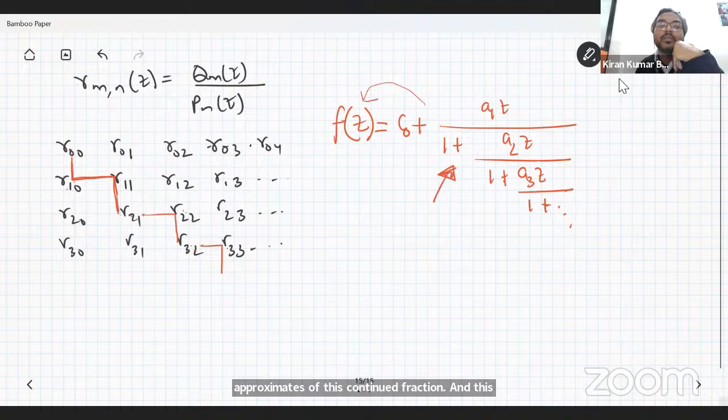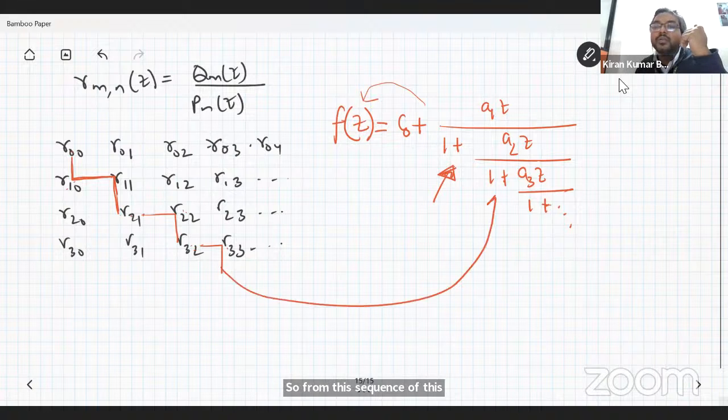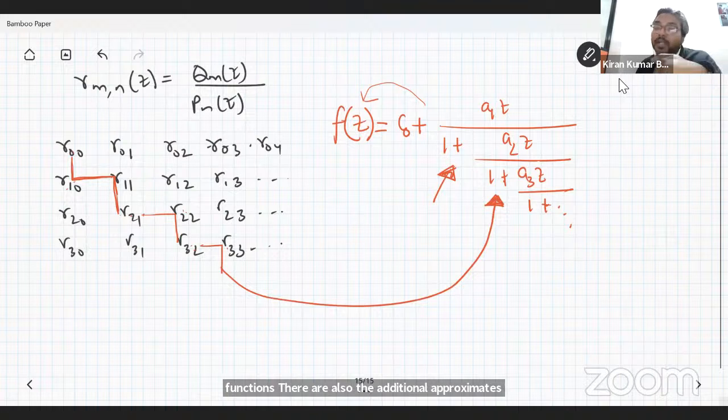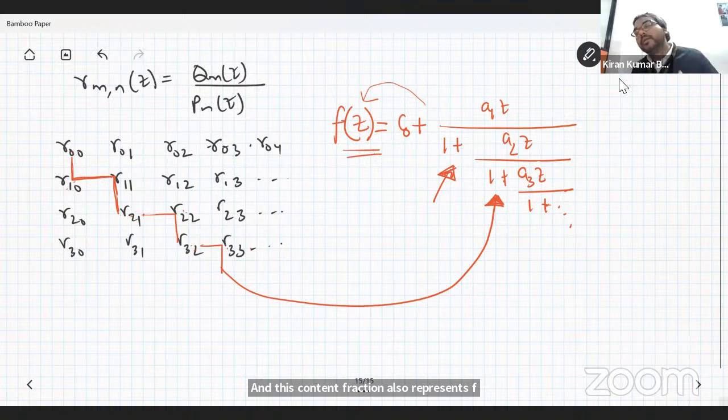So this is the relation of Pade approximation to continued fractions.